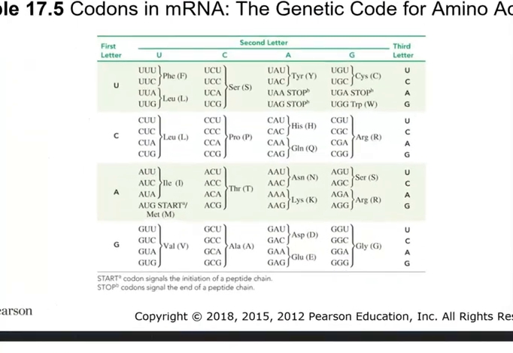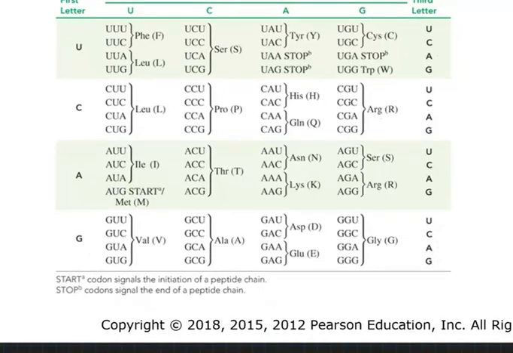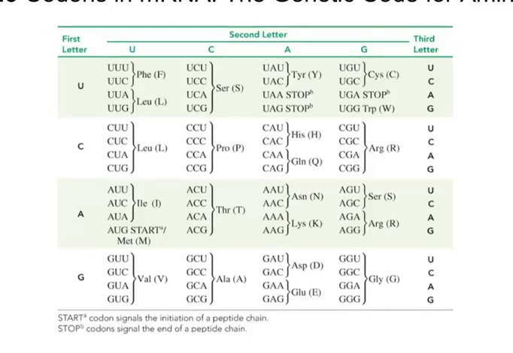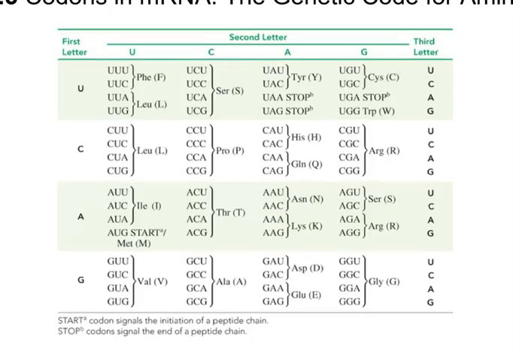So I want you to take a look at this, the table of genetic code. Please memorize it completely. I'm just joking. It will actually be provided for exam 4 in the final. Okay? You will have it if you need to decode something like that. So first, let's identify the start codon.